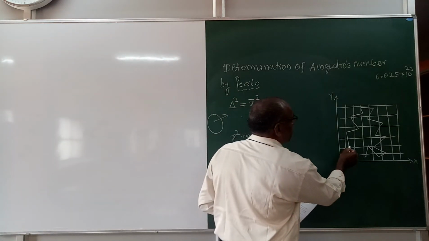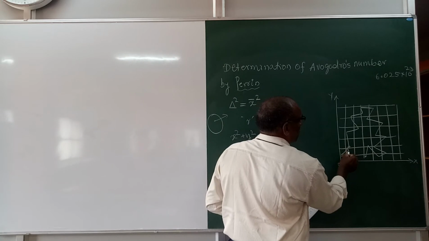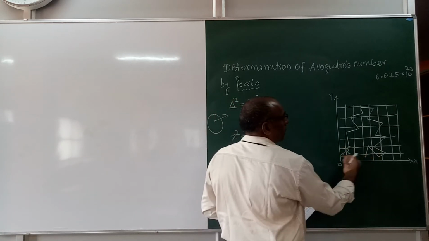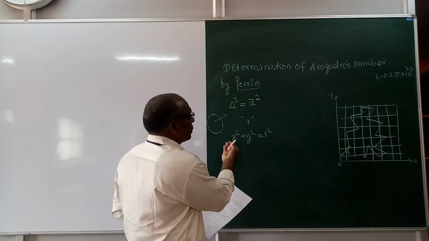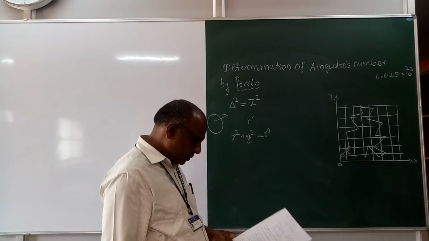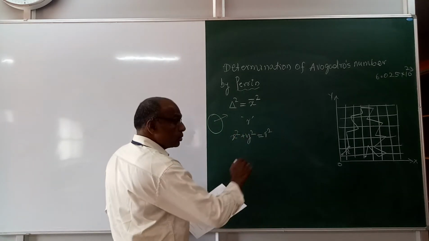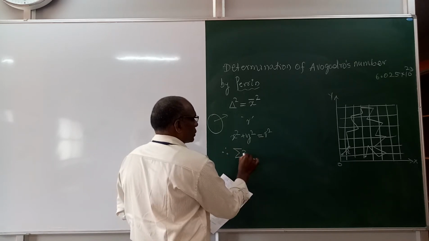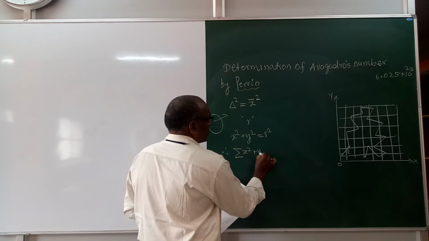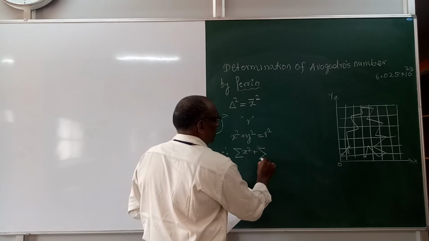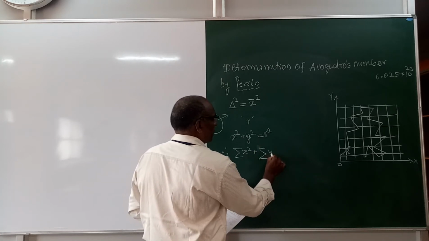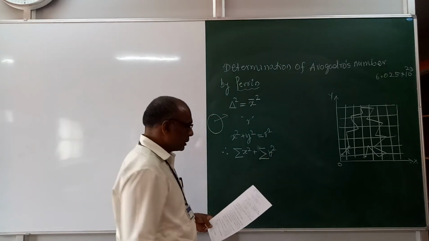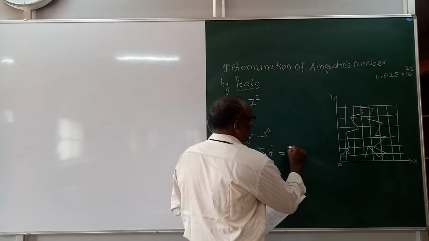So the displacement from this point to this point is r, and you can resolve it along the x-axis and y-axis. You can sum these terms. Therefore, summation x square plus summation y square, over the number of observations, is equal to summation r square.